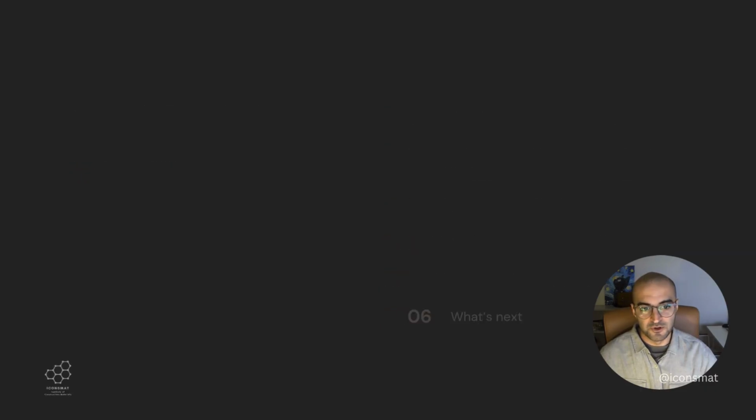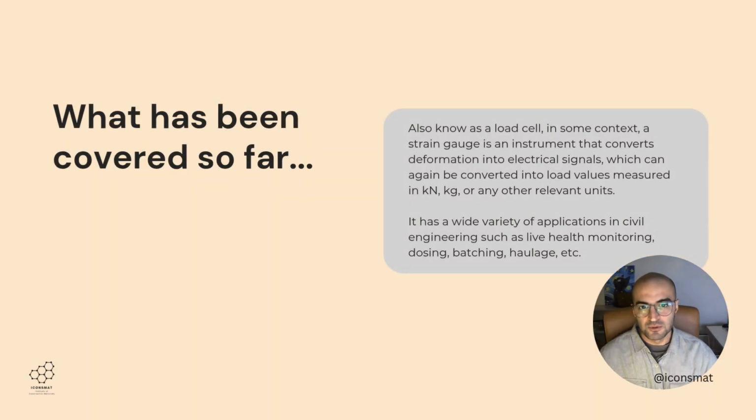So in the previous episode, we laid out the foundation for a load cell design and why it is needed in the construction industry. A load cell, also in some contexts known as a strain gauge, is an instrument that converts deformation into electrical signals, which can later be converted into load values measured in kilonewton, kilogram, or any other relevant unit.